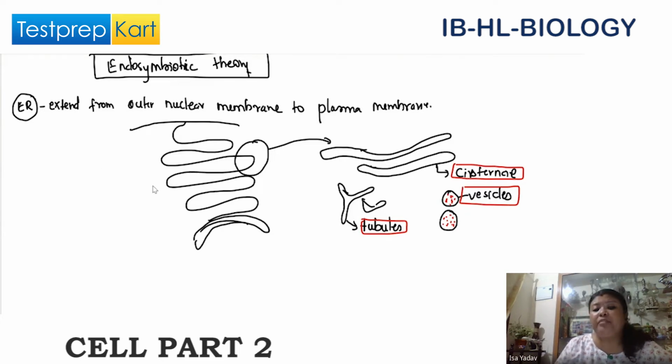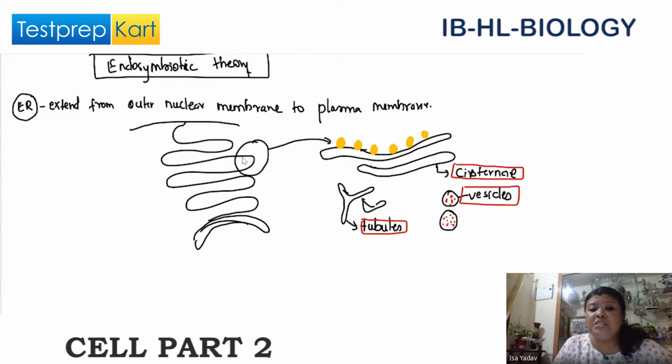There are two types of endoplasmic reticulum. In one, on the surface of the cisternae, there are granular structures, grain-like structures.